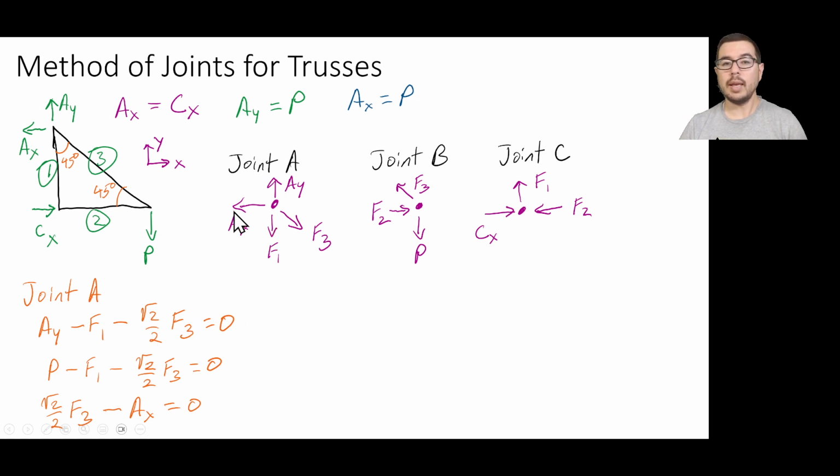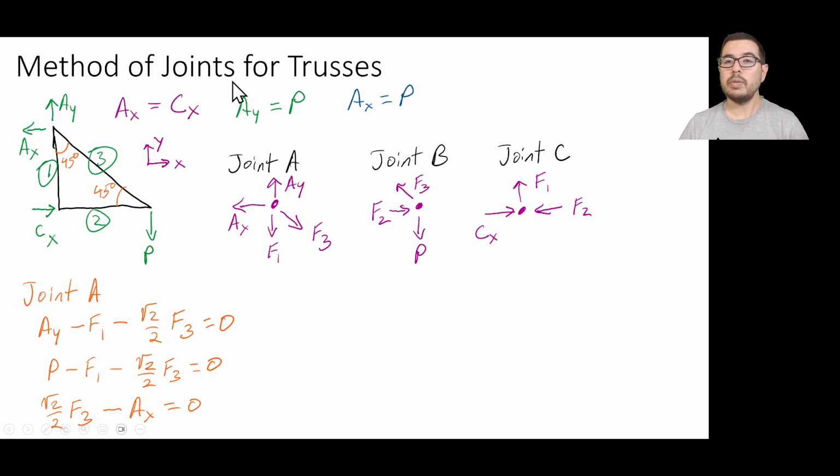AX, for example, is not in this equation because it has no vertical contribution. F1 is, and AY is, and 45 degrees of the F3 is. So if we think of a vector coming out, that's the hypotenuse, and at 45 degrees, it's 1 over square root of 2 times F3. So that's square root of 2 over 2 times F3, and it is equal to 0.